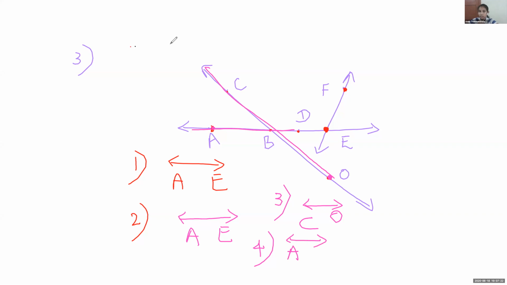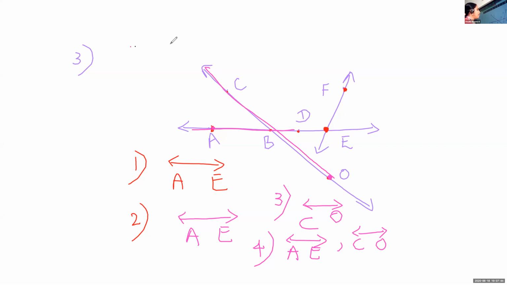Line AE and line CO. That is one pair. Are you writing now? No, ma'am, I already completed. Okay, good. So AE and CO.